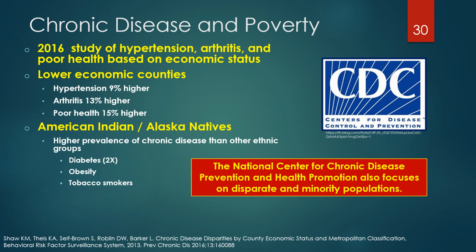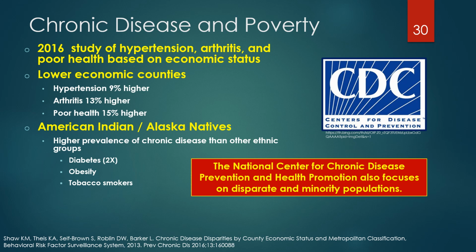For example, in 2016, a study was published examining the prevalence of hypertension, arthritis, and poor health in counties based on their economic status. Poorer counties had a higher prevalence of hypertension, 9%, arthritis 13%, and poor health 15% versus more affluent counties.